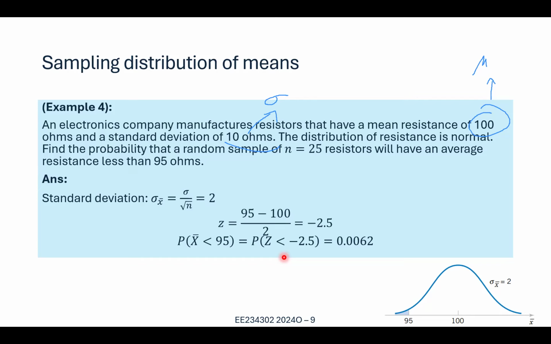So we can conclude or infer something about the sample by also knowing what happens in the population.